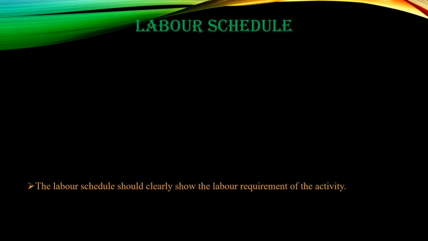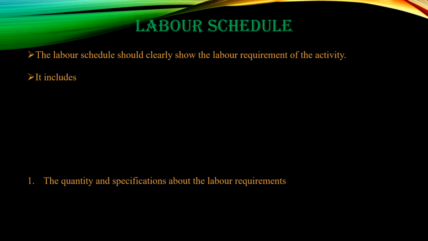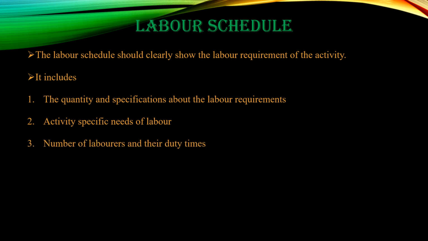The next one is labor schedule. The labor schedule should clearly show the labor requirements of the construction activity. It includes the quantity and specification about the labor requirements, the activity specific needs of labor, number of laborers and their duty times.